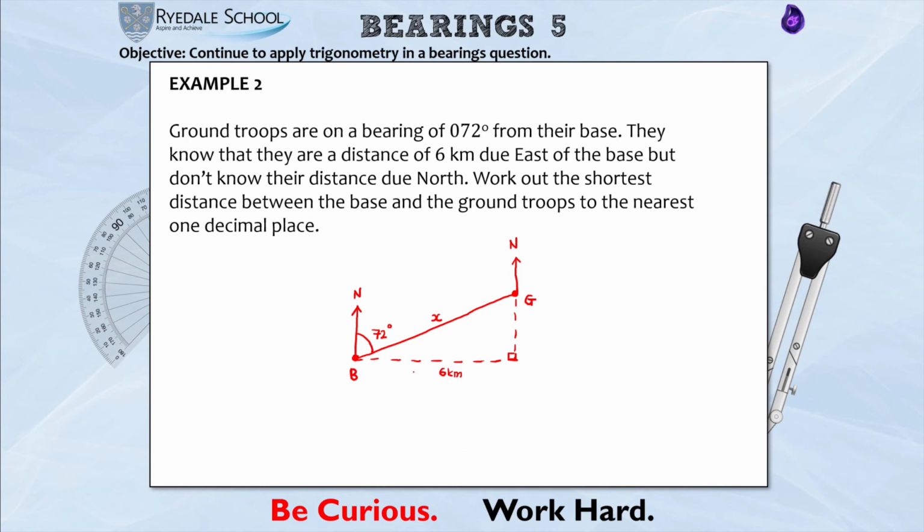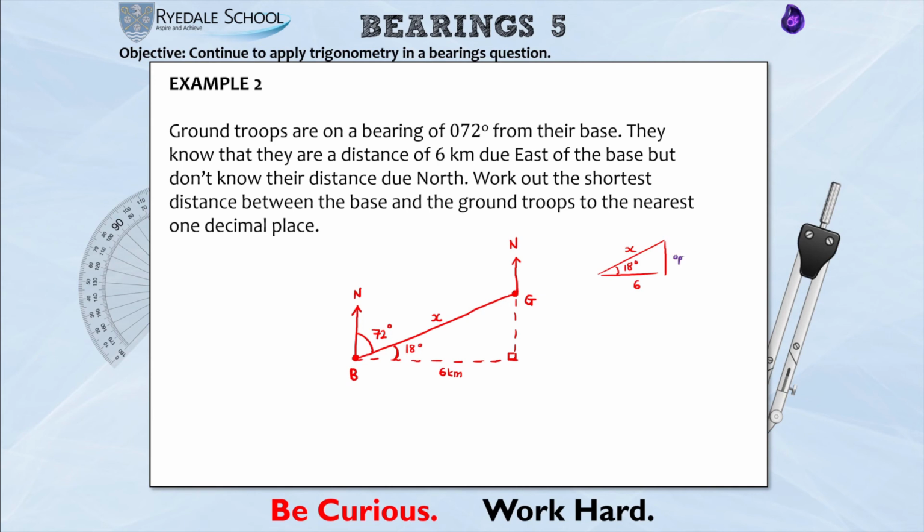So the way that I would do this is I would look for this angle that we need in our triangle. We know that all of this must be 90 degrees, so this is 18. And once again, I'll just do a quick little more simple sketch of what I've got. 18, x, and 6 kilometers. So let's populate what we know and see if we can figure out which trigonometric ratio we need.